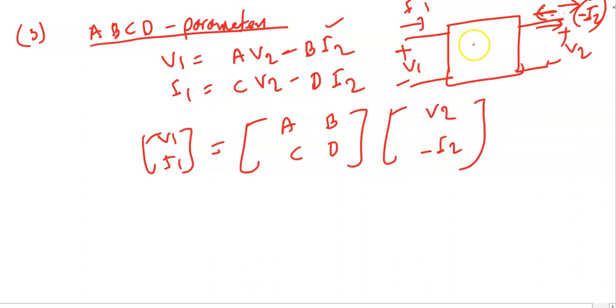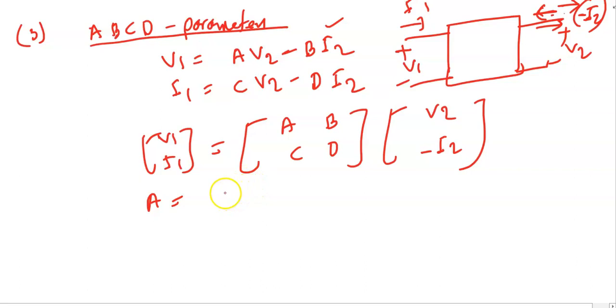Okay, because current I2 will be taken in the minus direction. So how are they defined? Same way, make I2 equal to 0. What does I2 equal to 0 mean? It means make port 2 open.